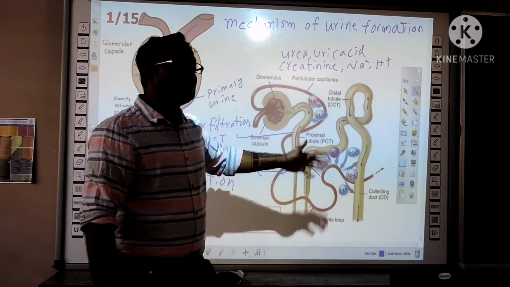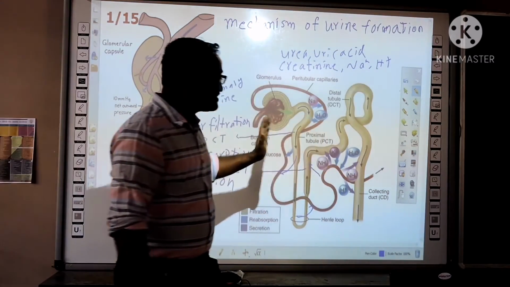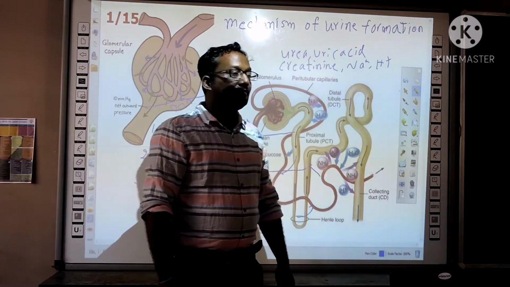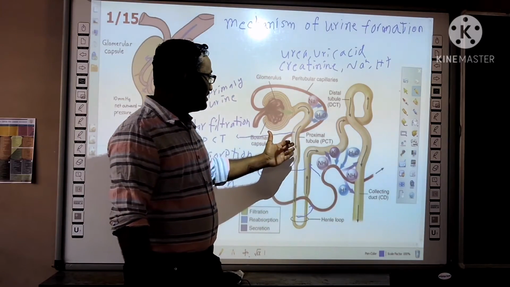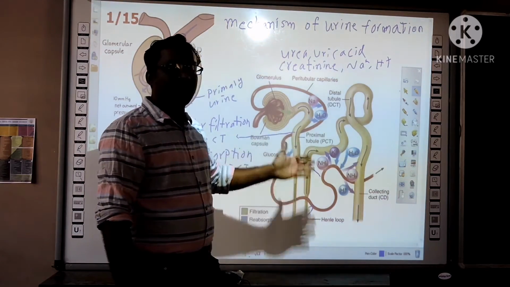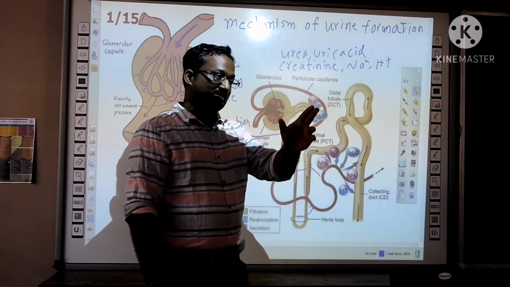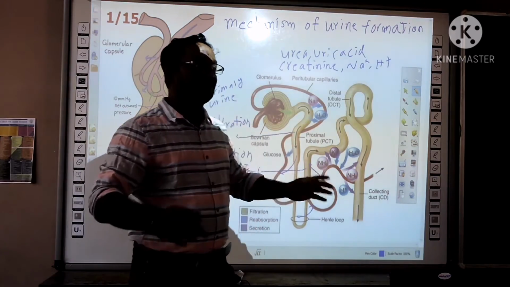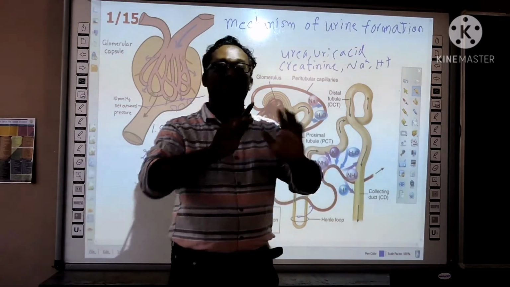By which process do this reabsorption and secretion take place? How does the material move from the tubule to the peritubular network? By the osmosis process. The entire process of urine formation takes place through osmoregulation.